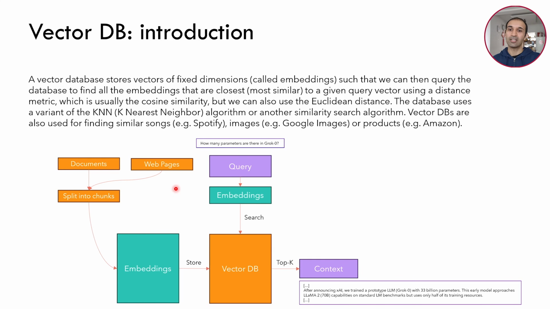We will create the embedding of that song, and all the others we compare using some similarity score, for example the cosine similarity score. Google Images also searches similar images using a similar technique, using an embedding space in which they produce the embedding of a particular image and all the others, and then they check the ones that match best. We can also do the same with products, etc.